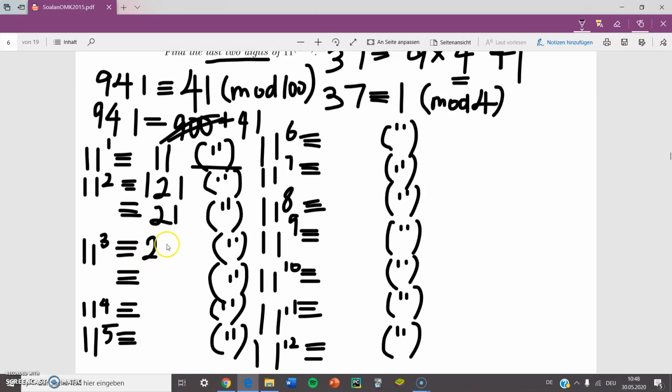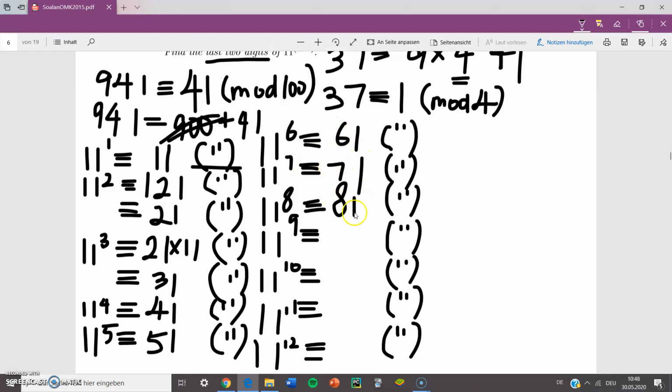Then for 11 to the third power, we don't need to care about 121 times 11; we just need 21 times 11, which is 31. Then so on and so forth, we just repeat the process. I'm filling in the values over here, because if I wrote them without pausing it would take a lot of time.